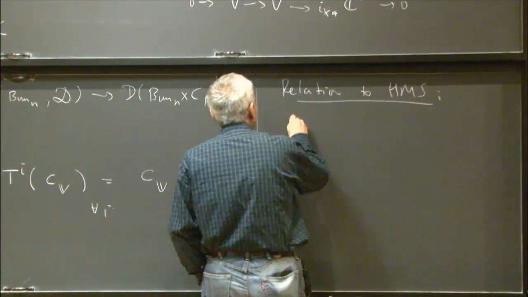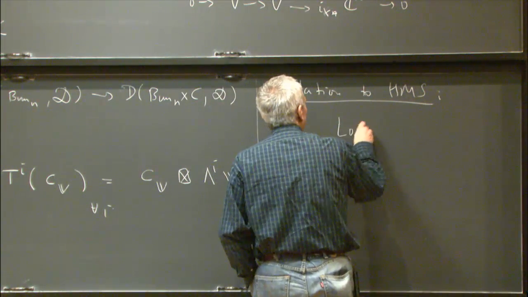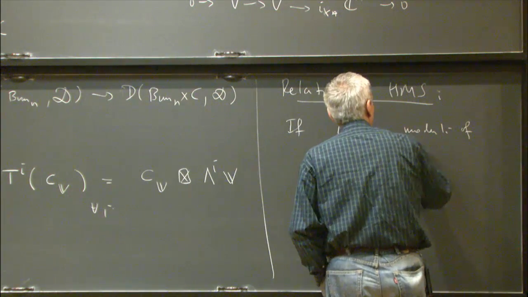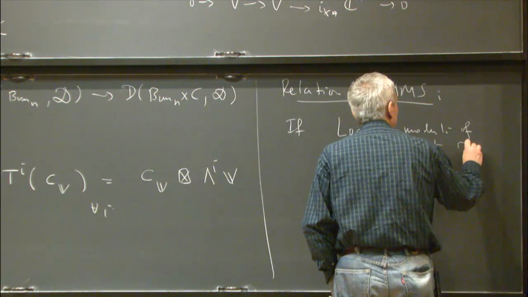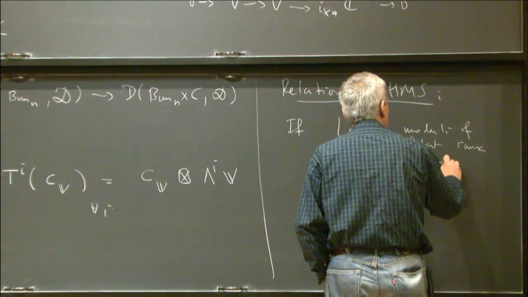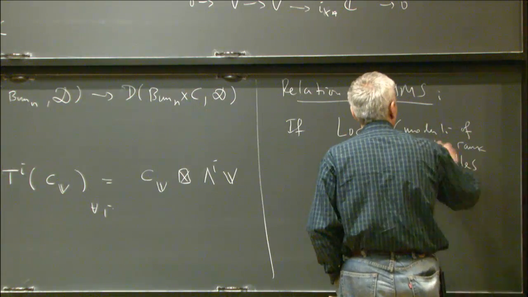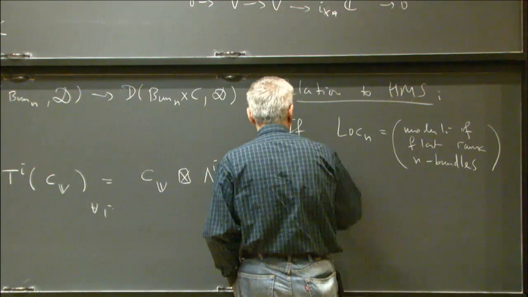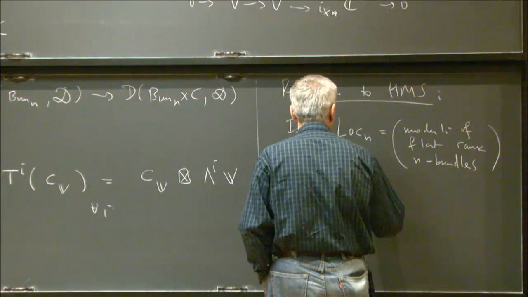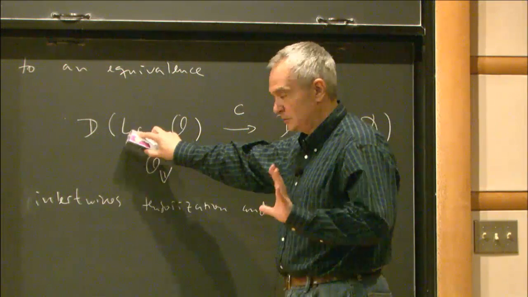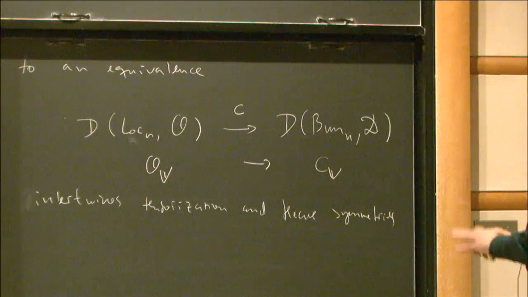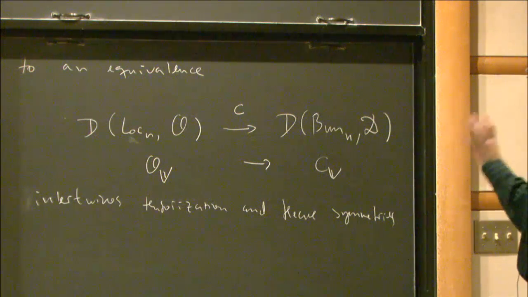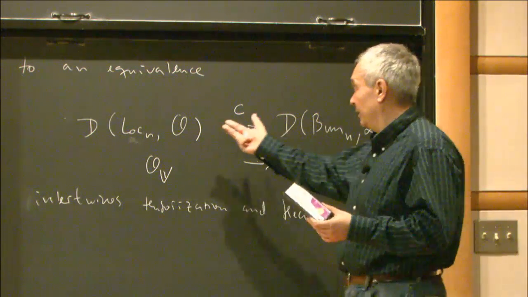So if we take Loc_n to be the moduli of flat rank n bundles, this assignment, so V is a point in here, flat bundles.